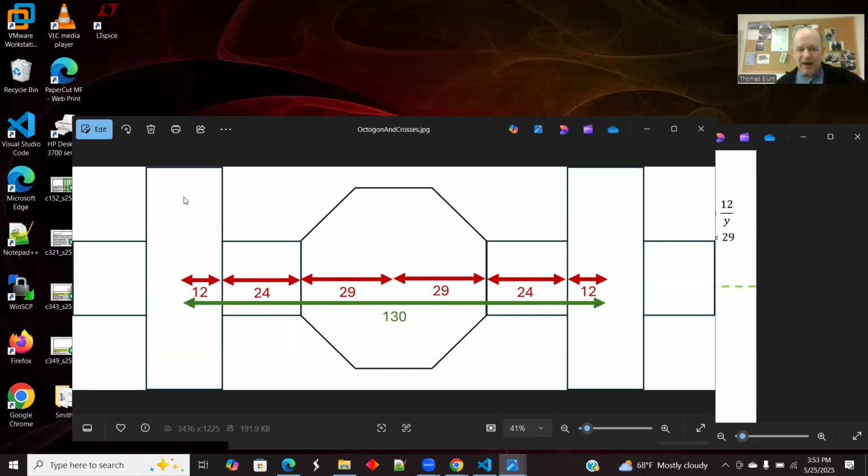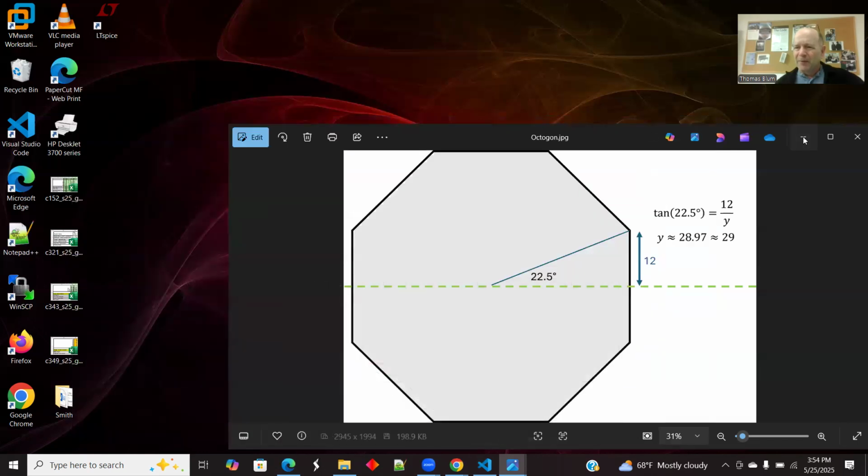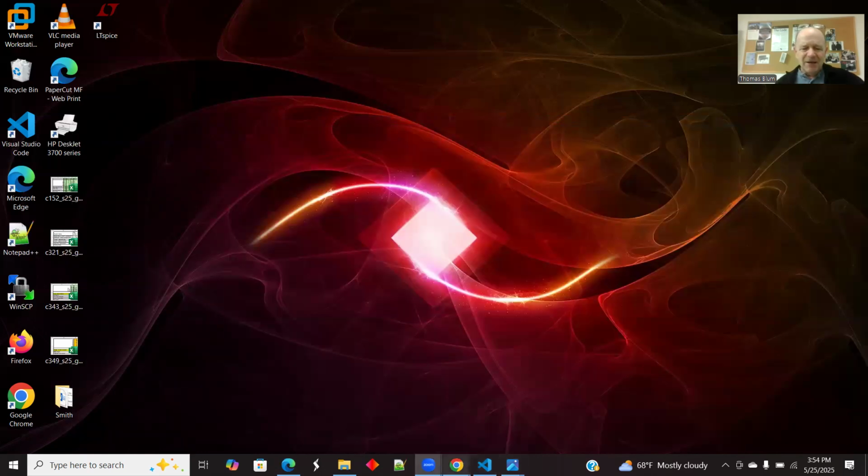I'm going to expand from half the cross to make my unit. So that was 12, 24, 29, 29, 24, and 12, and that all came to 130. So you're going to see 130s. I'm going to divide that in half, so you're going to see some 65s. You're going to see 12s and 29s. These are the numbers floating around in the points of my polygons.